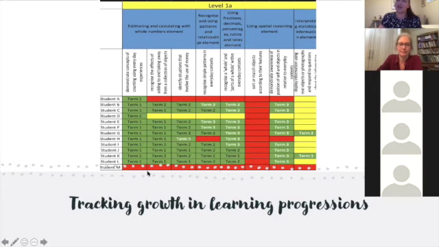Rather than just colouring in the green when they achieve it or demonstrate it, you could add in the term that it happened, and you could colour code them slightly differently, like the text. You can see there what's been achieved in term 3. You can more clearly and more quickly see the progress that has been made.